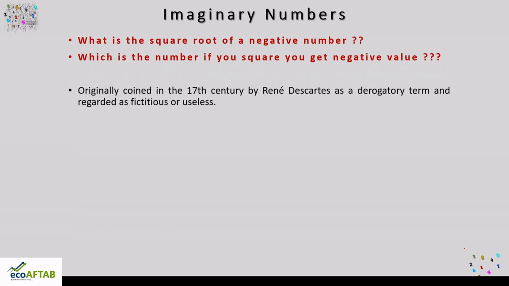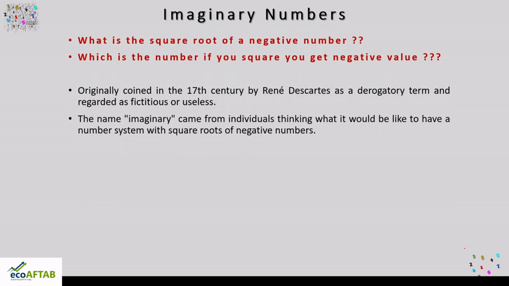Originally it was coined by René Descartes, the person who introduced real numbers, but he used this term in a very derogatory way, regarding these numbers as fictitious or useless. Derogatory means a very unpleasant word. Later on, the name imaginary came from individuals thinking what it would be like to have a number system with square roots of negative numbers.